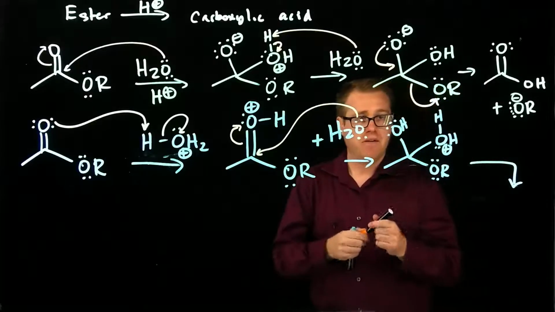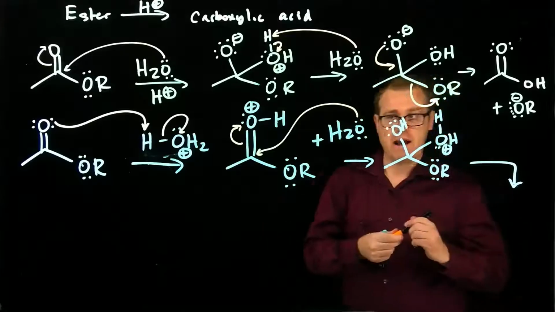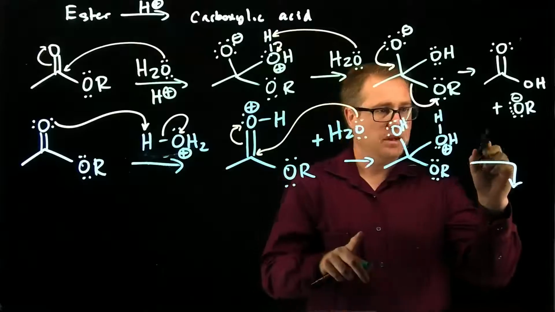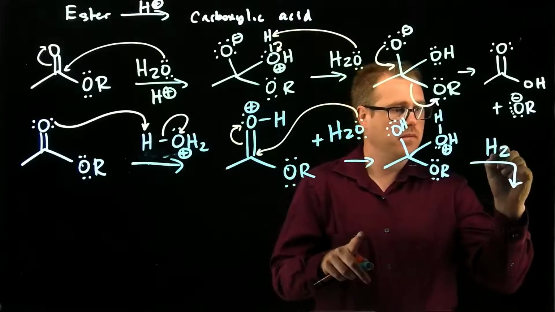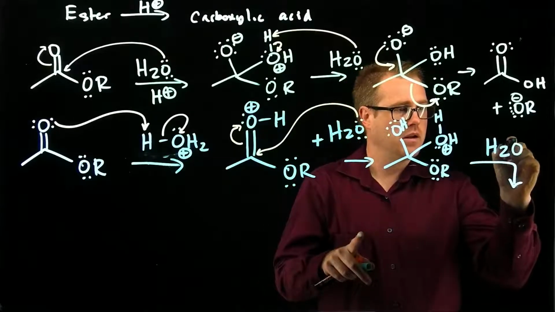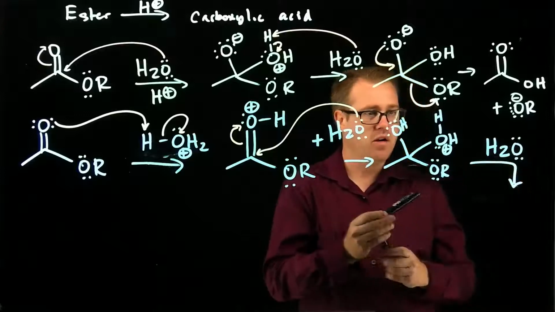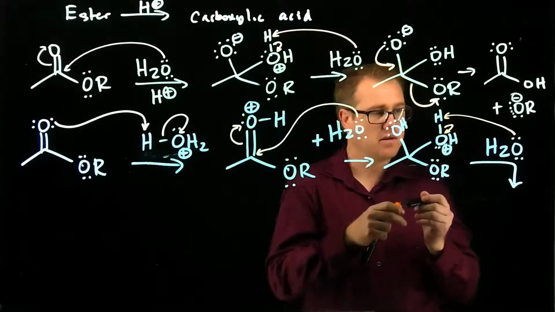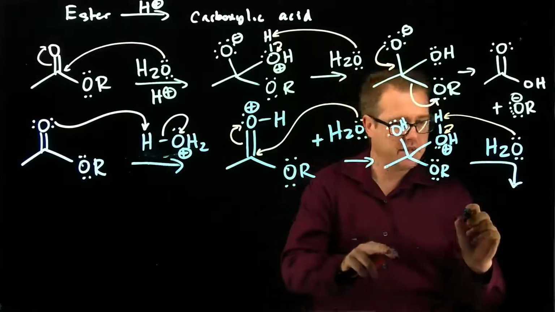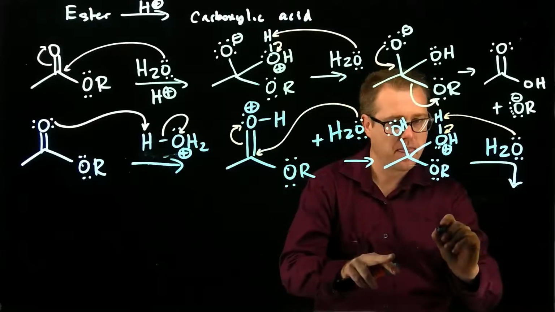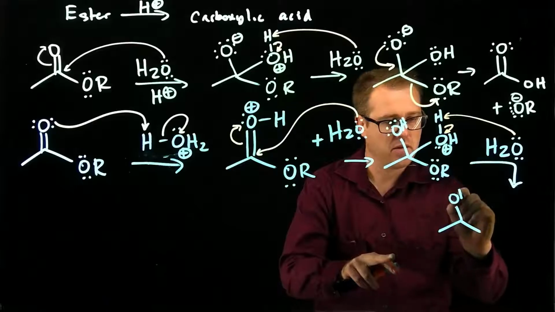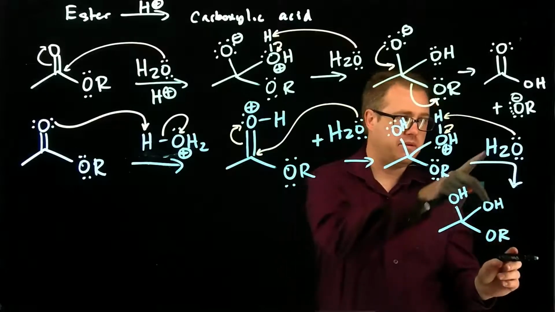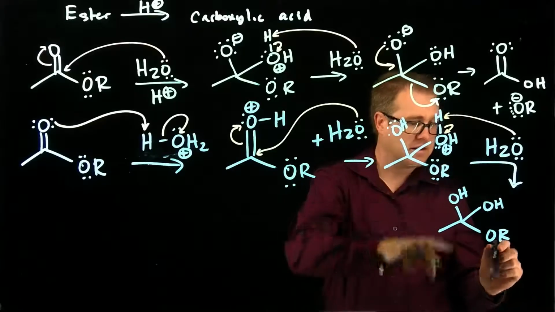So we're going to have a lot of water around. A lot of water. So we're going to take a water molecule and just do a proton transfer. So we're going to get this species now. OR, but what did we generate when the water attacked?